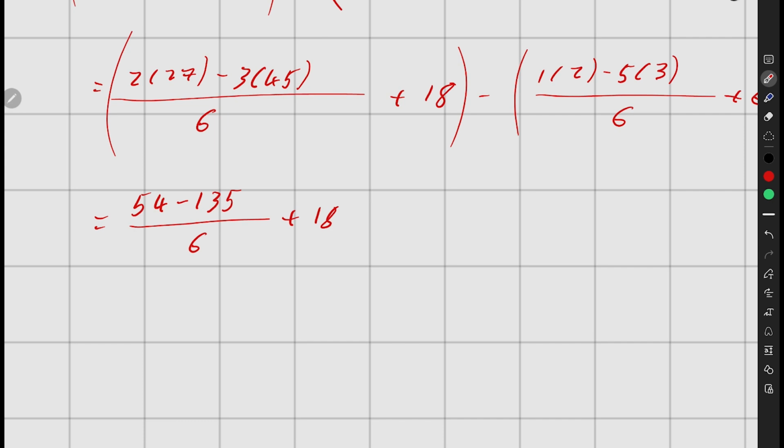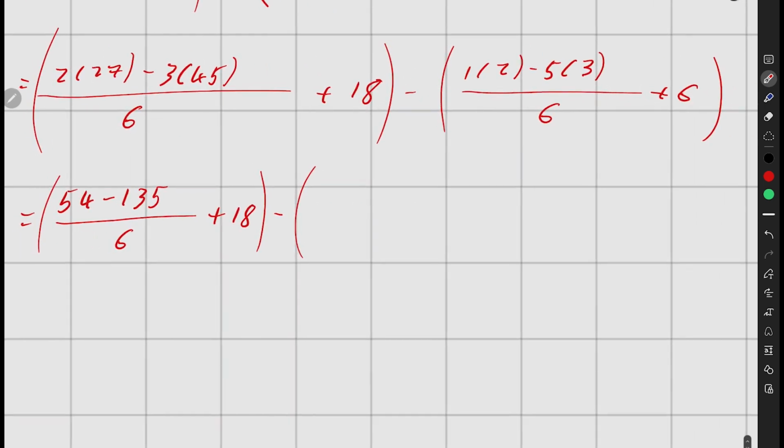Doing it in your head's pretty hard. And then we're going to have plus 18 minus 1 times 2 minus 15, minus 13 on 6 plus 6.